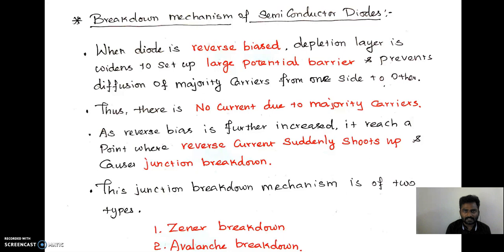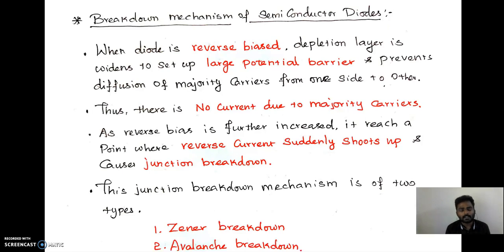So when a diode is reverse biased, this operation I have explained before. The junction breakdown, the same thing I am going to repeat here. When the diode is reverse biased, the depletion layer is wide enough and sets up a large potential barrier. That is, the potential barrier width keeps increasing and increases the resistance, and it prevents the diffusion of majority carriers from one side to the other side.